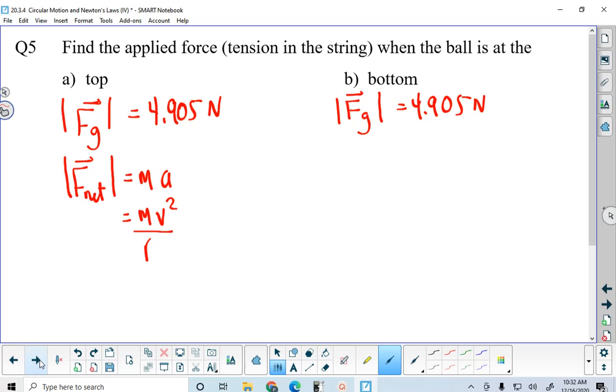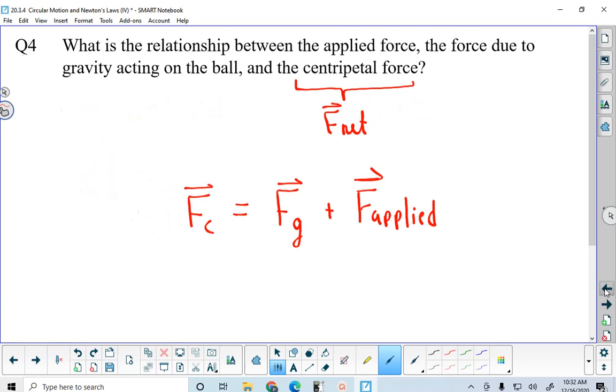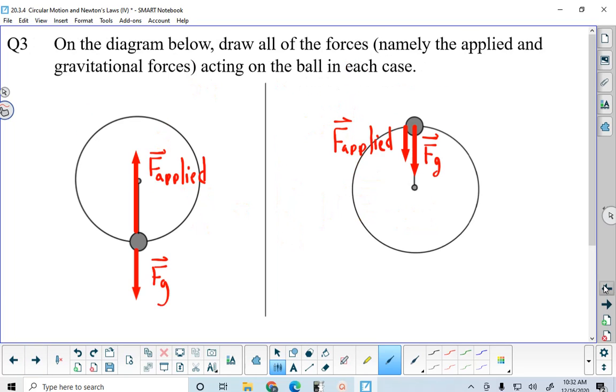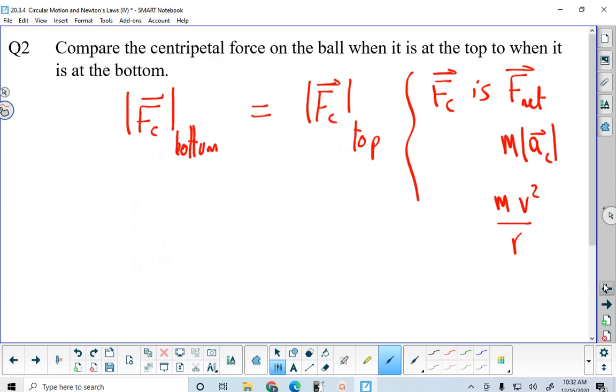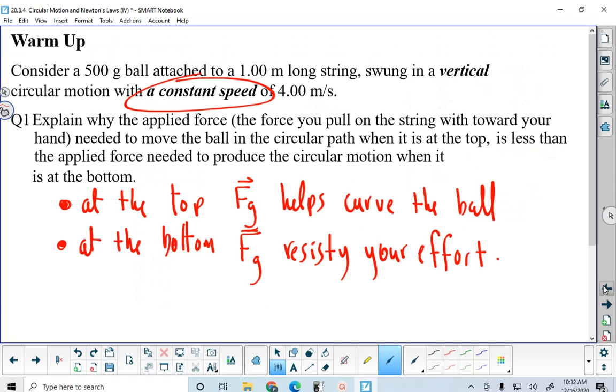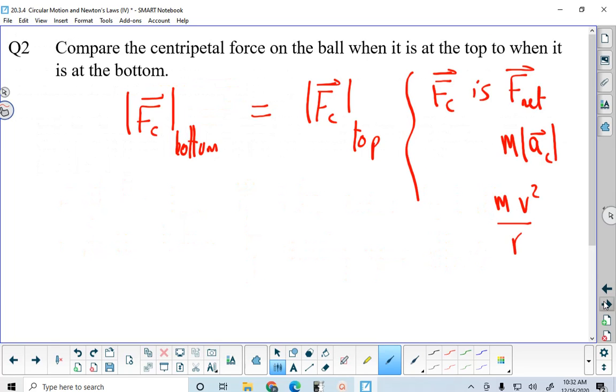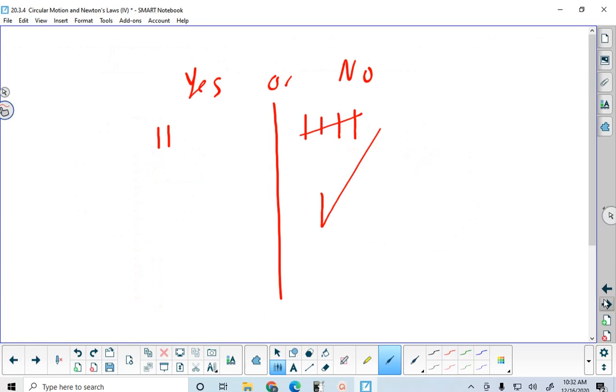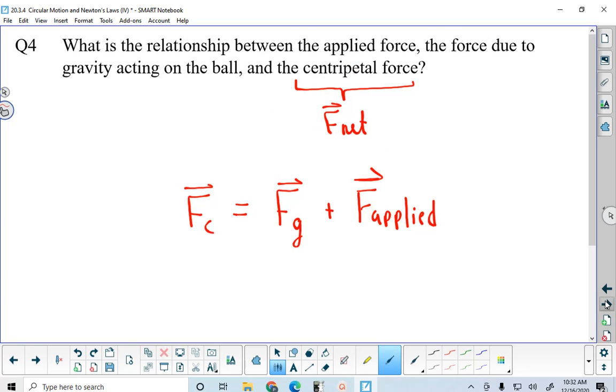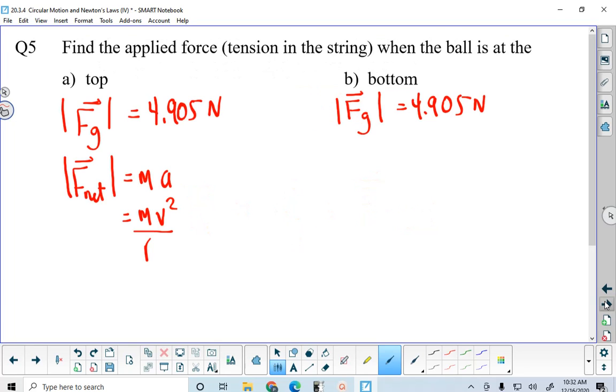So the net force will be mv squared over r. I would like everybody to take m, which is 0.5, times v squared. Do we know v? I'm just going to check here. Yep, 4. So you're going to take the mass times 4 squared divided by r, and I believe you're going to get 8 newtons, but I don't know. I just did that in my head very quickly.